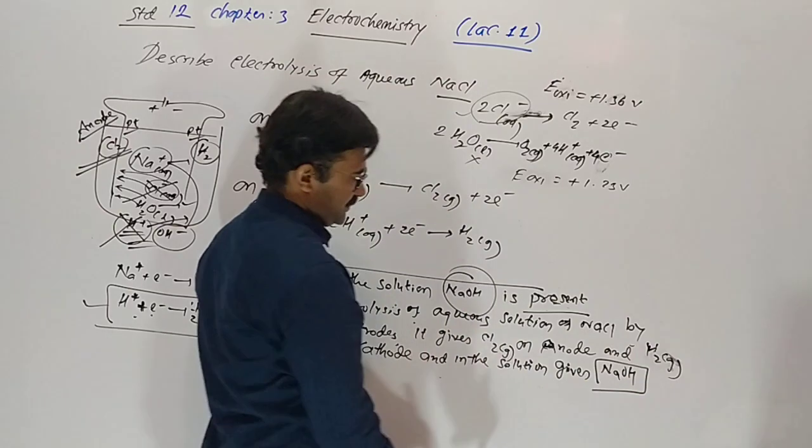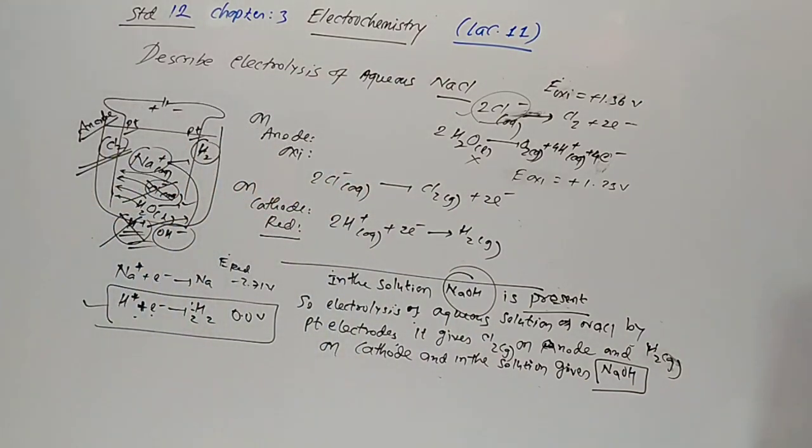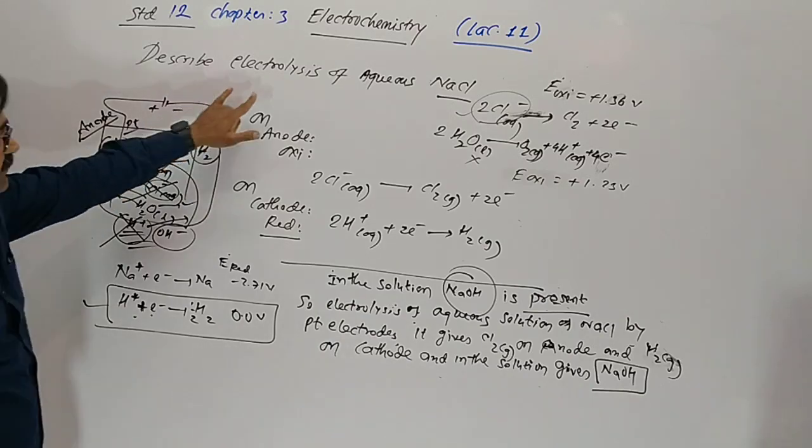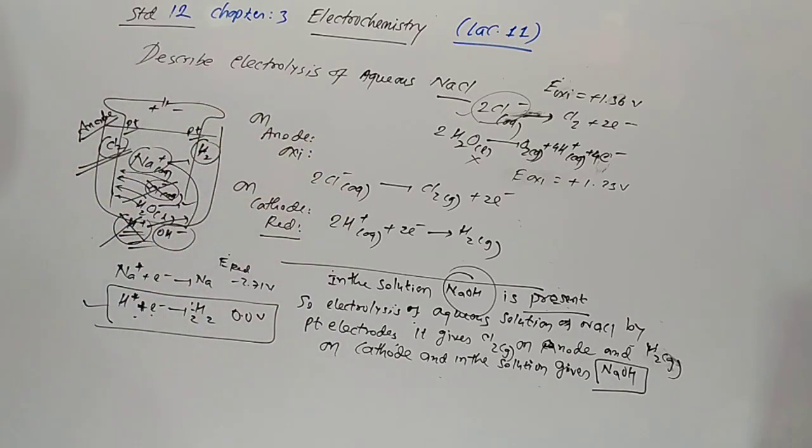So this one is also one of the methods of getting sodium hydroxide. We can separate it from the solution and derive sodium hydroxide. So we get three products from the electrolysis of aqueous NaCl. Understood?